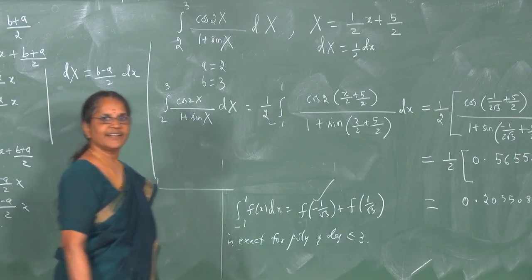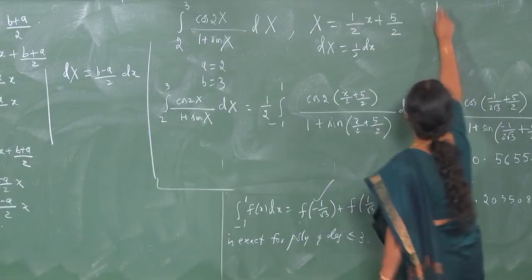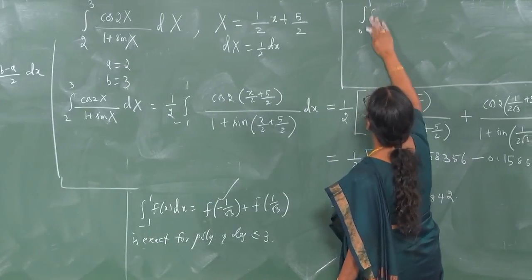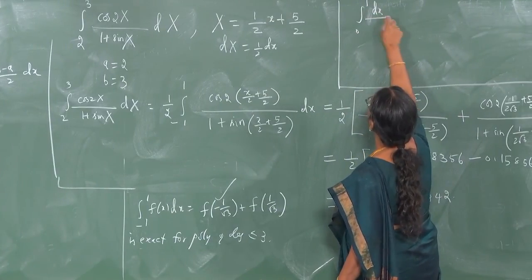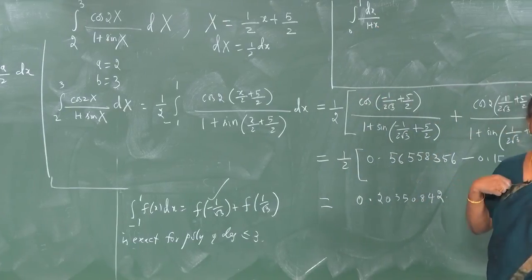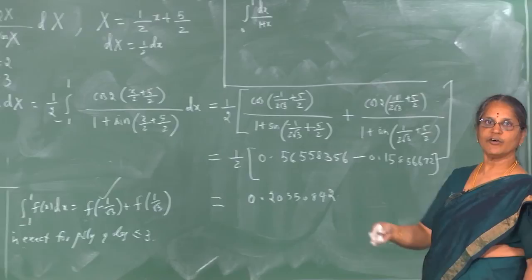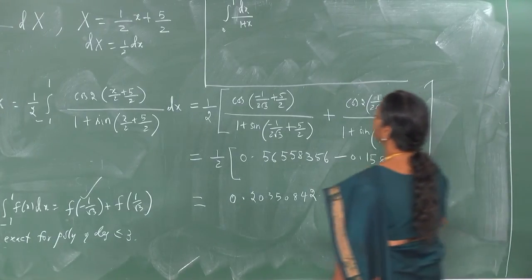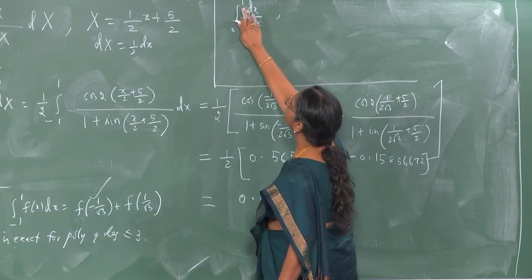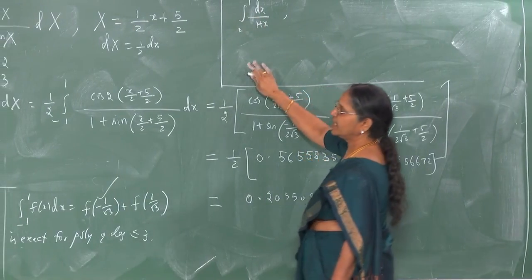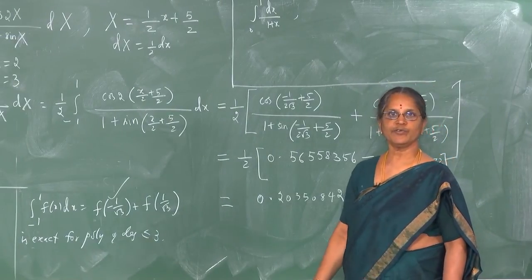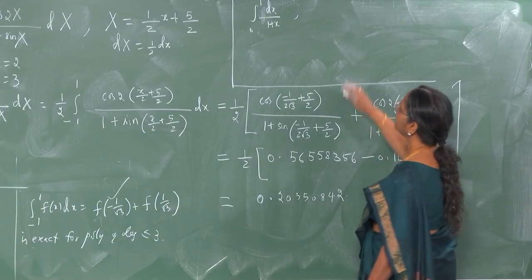Let us take another example. Evaluate integral 0 to 1 f of x dx, where f of x is 1 by 1 plus x. So, the interval a to b is now 0 to 1. So, I have to make a transformation so that this integral is converted to an integral of the form minus 1 to 1, in order that I am able to apply Gauss 2-point integration method.